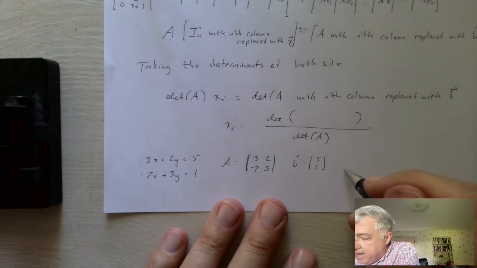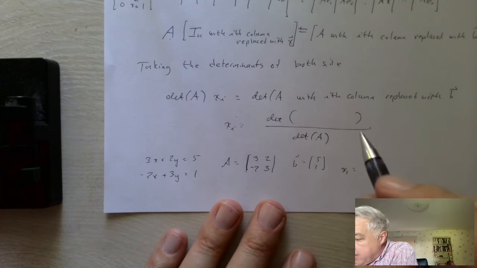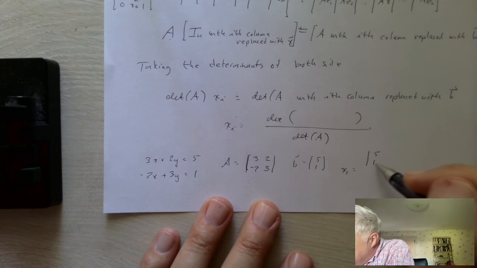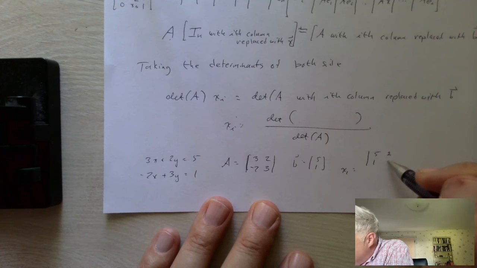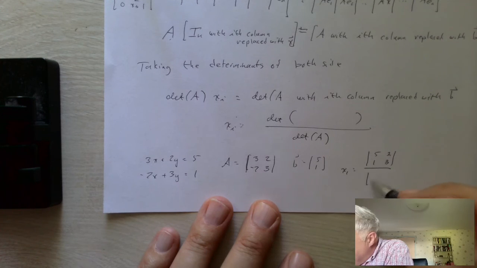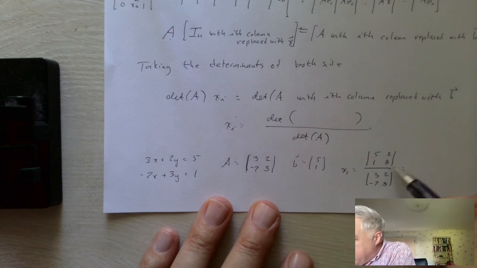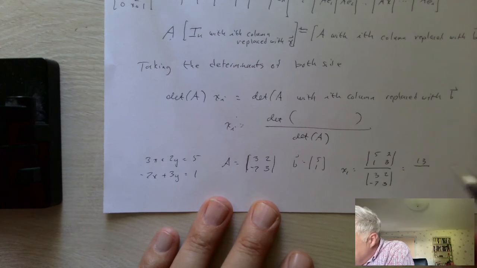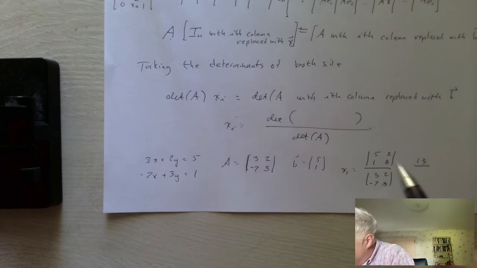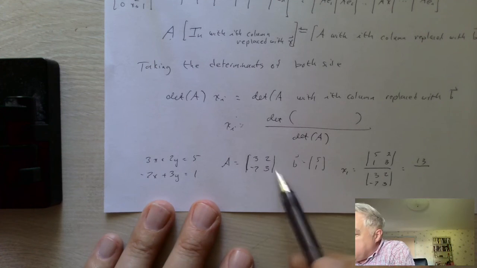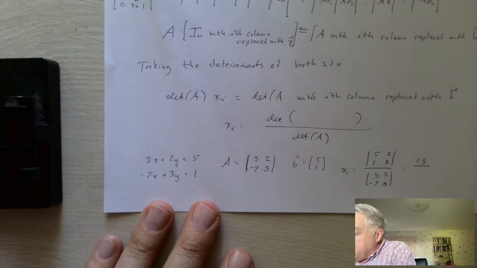Then x1 would be the determinant of 5, 2, 1, 3, divided by the determinant of 3, 2, negative 7, 3, which would be 15 minus 2, that's 13, and this would be 9 plus 14, that would be 23, okay?